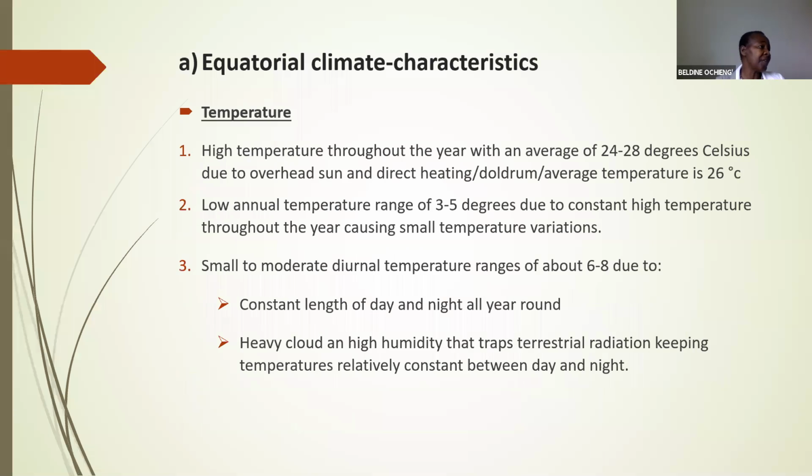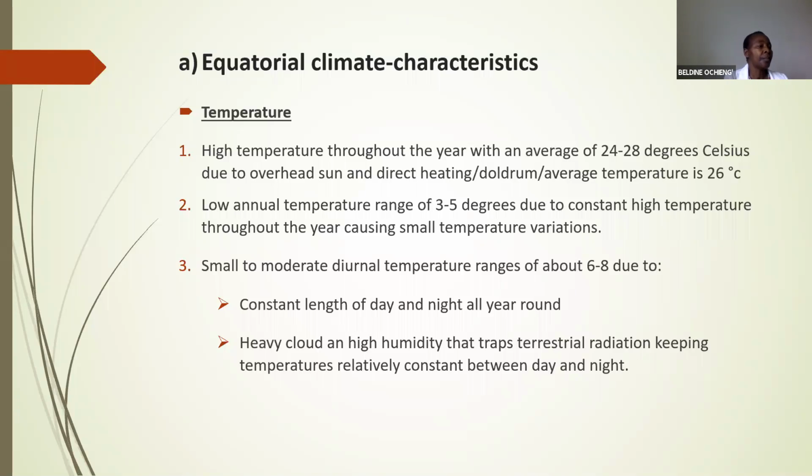We go for the characteristics of equatorial climate, and we'll start with temperature. This is equator. So high temperatures throughout the year with an average of 24 to 28 degrees Celsius. That's high, due to overhead sun and direct heating. It is a doldrum region, you know, the equatorial area, calm air.